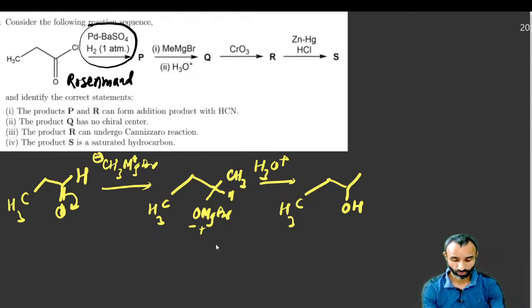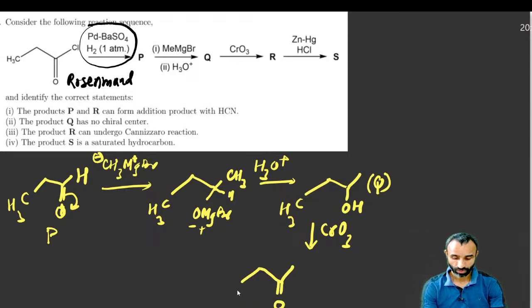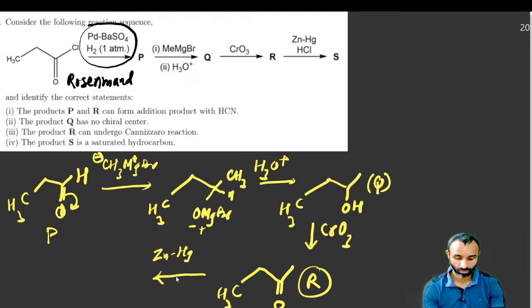So in this way, we get alcohol, and this alcohol, when it is treated with CrO3, this one is P, this is Q, and on treatment with CrO3, we get this product, this is R, and now zinc amalgam and HCl.